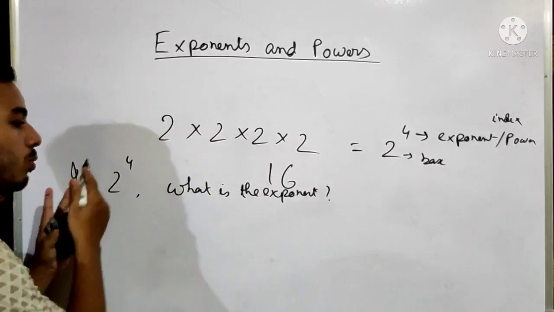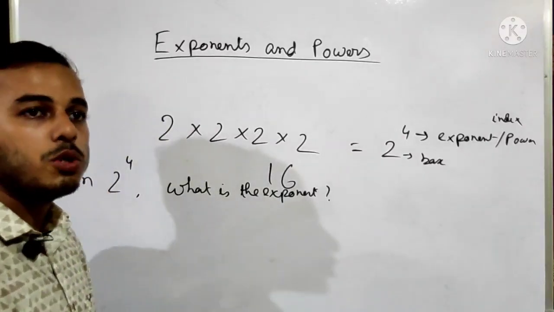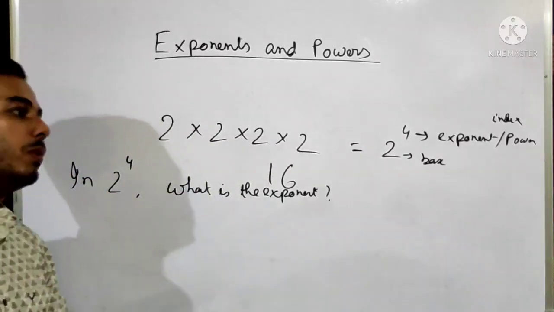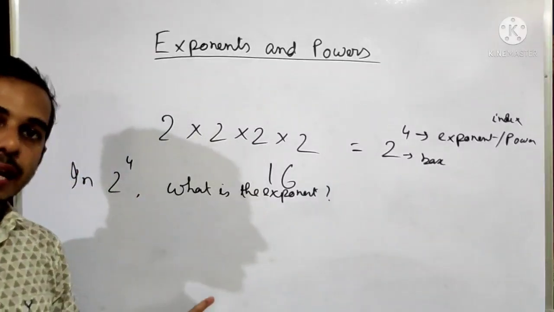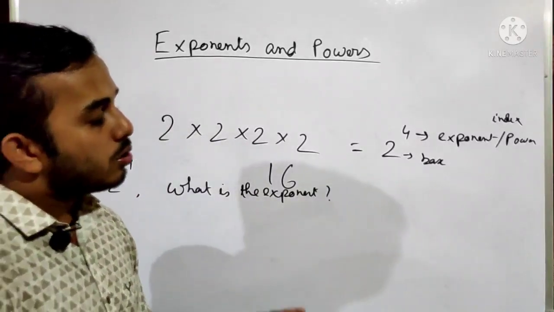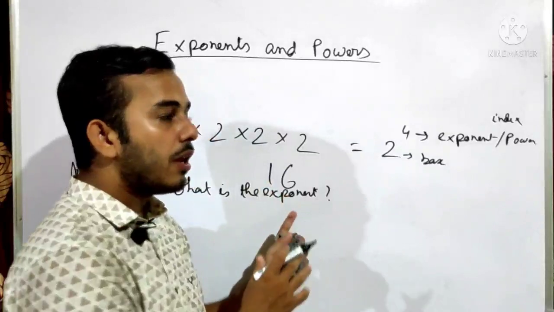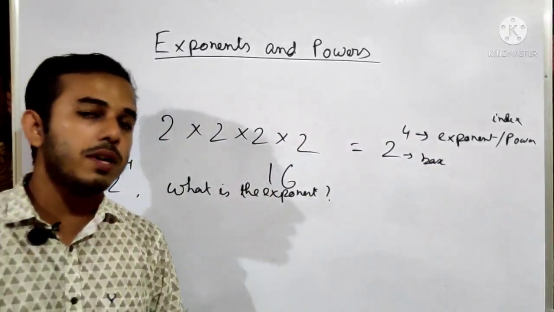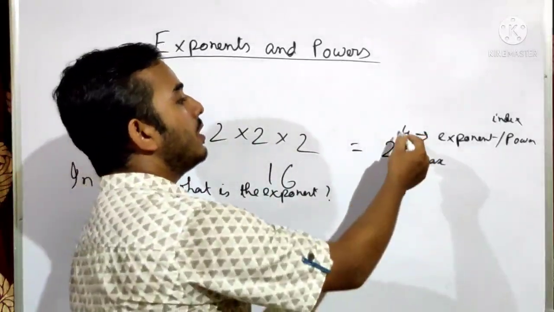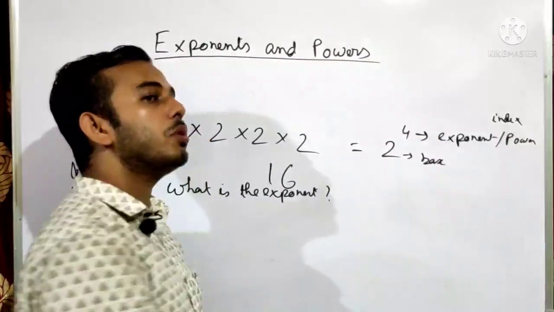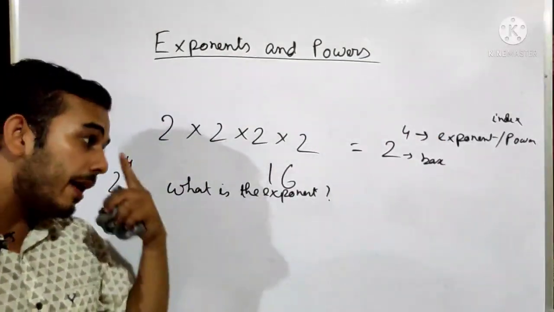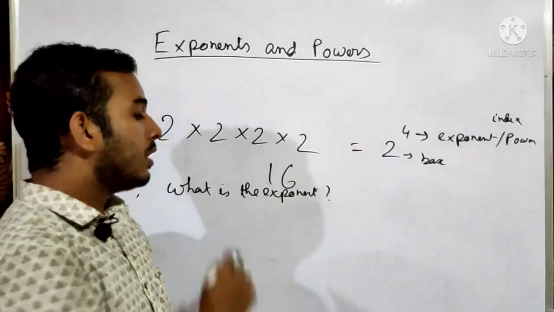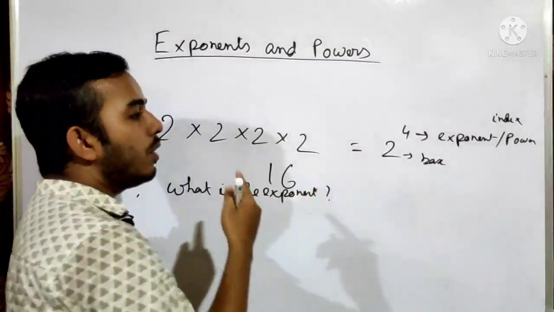Now if I ask in 2 power 4 which is the base, your answer will be 2, because this is known as base. Clear? So I hope this is clear to you, what is exponent and what is power and what is the exponential form. Exponent plus base is known as exponential form.